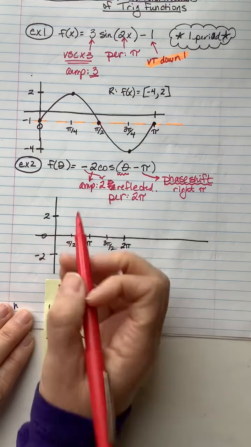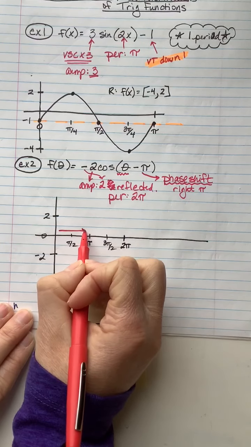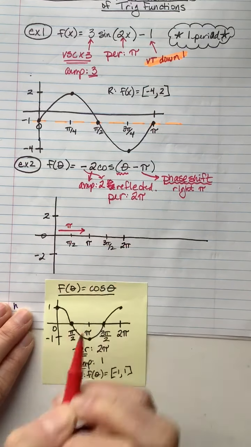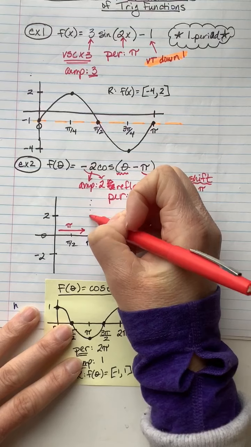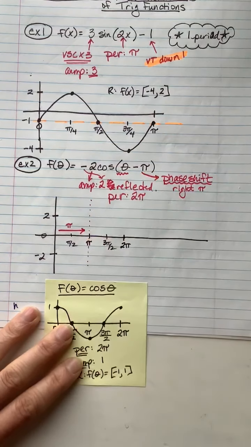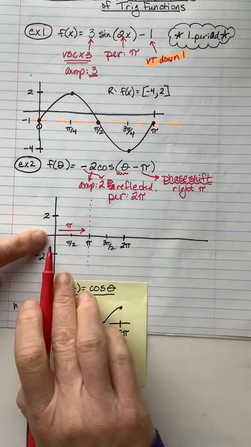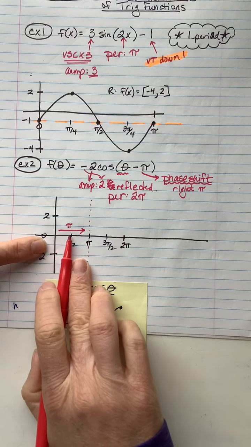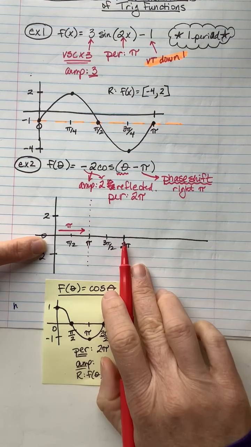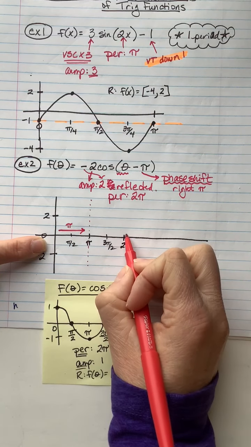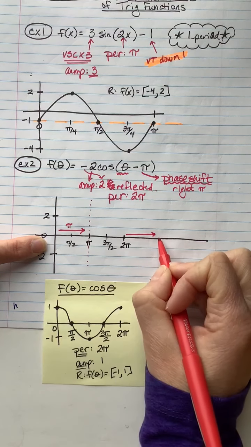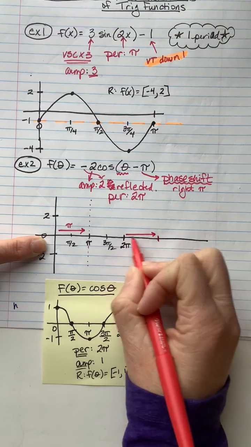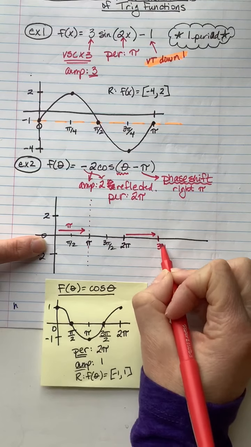Instead of starting at 0, I'm going to move this whole thing to the right pi. So really, pi is going to be my new 0. If my beginning moved to the right pi, now my end point needs to move to the right pi. If I move to the right pi, now I'm here at 3 pi.